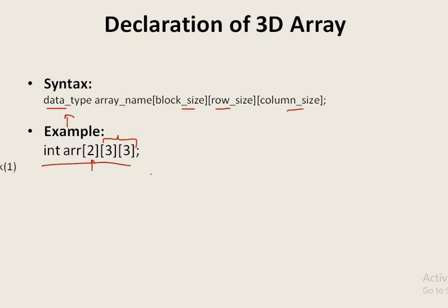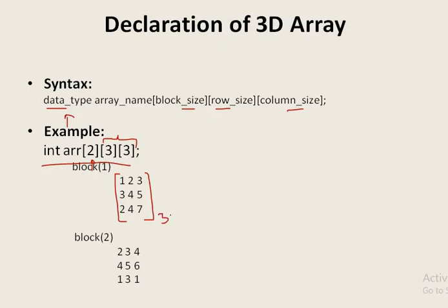So let us see how this will be arranged. It will have two different blocks, and each of these blocks will have a 3 by 3 matrix. So the first block is given here. This is a 3 by 3 matrix. A 3 by 3 matrix means it is a two-dimensional array.